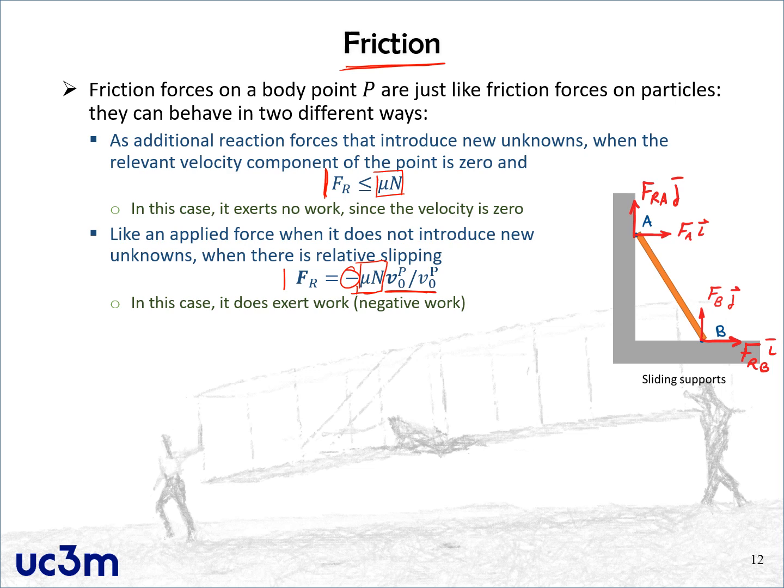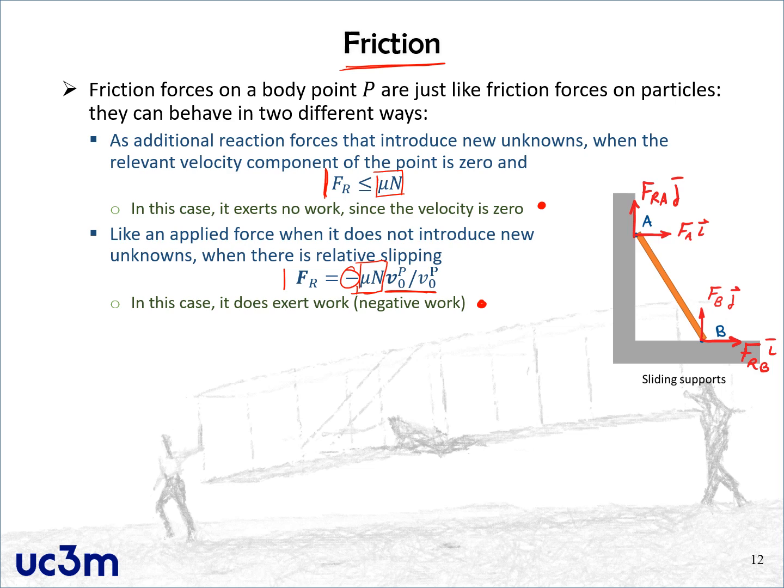Now, in the first case, the friction force exerts no work because the velocity of the contact point is equal to 0, and therefore, since this point is not moving, the force is not doing any work. In the second case, the friction force is opposite to the velocity, which is non-zero, and that means negative work. The friction force is dissipating energy.